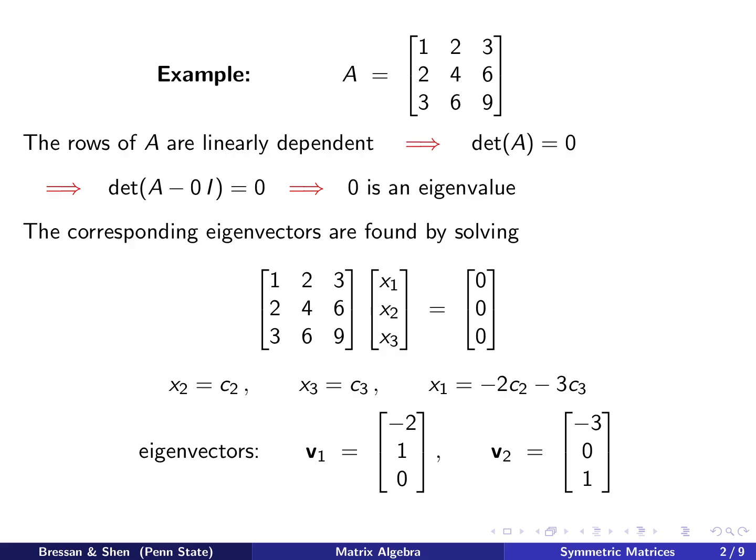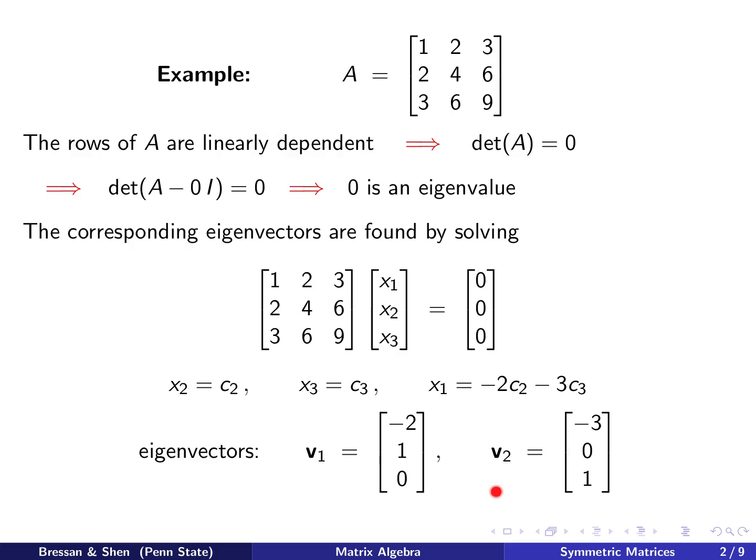Okay, and then we can write out two eigenvectors by making two choices. The first one is to make one of the constants 0 and the other 1. So one will be c3 is 0 and c2 is 1, and then you get this vector, and the other one will be c2 is 0 and c3 is 1, and then you get this vector.